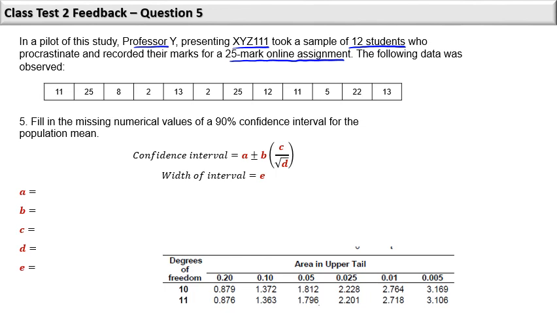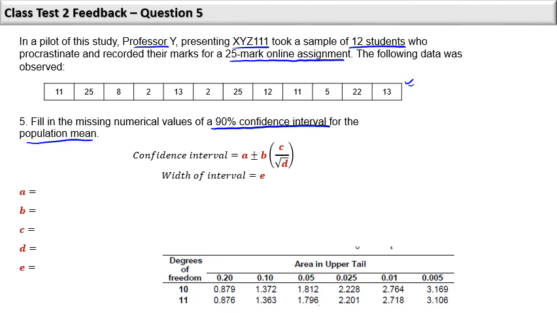So these were the marks of the 12 students. Now they are asking you, fill in the missing numerical values for the 90% confidence interval for the population mean.